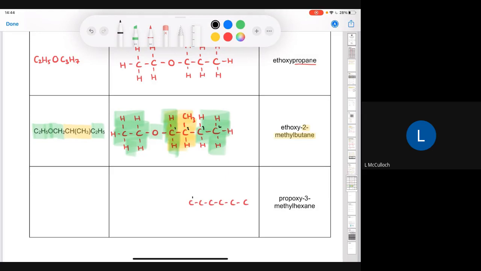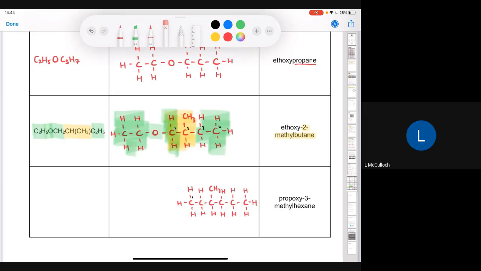So just counting along 3 and popping my methyl branch on that 3rd carbon there. Can then pop my hydrogens onto the 3-methylhexane. Like so. And then we've got prop-oxy.